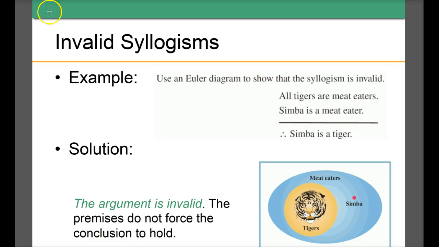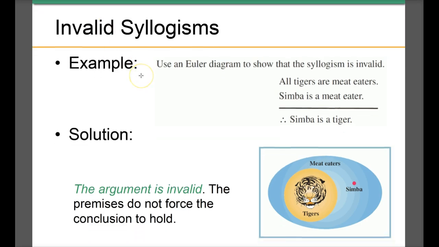All right, so this will be an example of an invalid syllogism. We start off here with all tigers are meat eaters. So here we know that tigers have to be solely inside of the meat eater set.